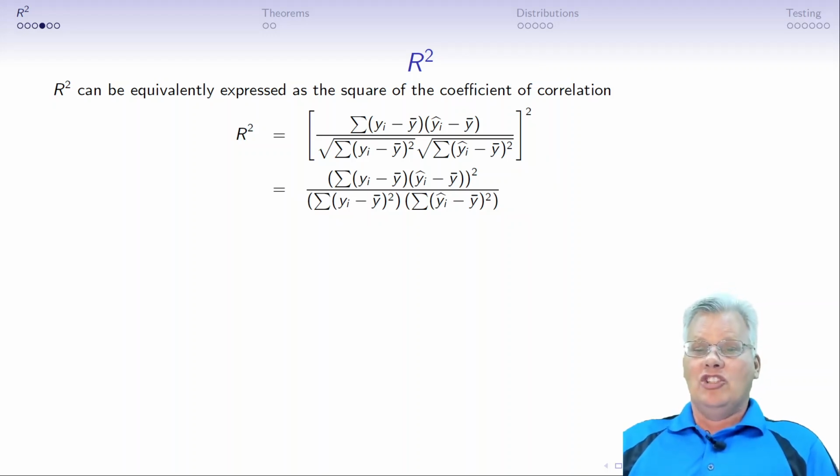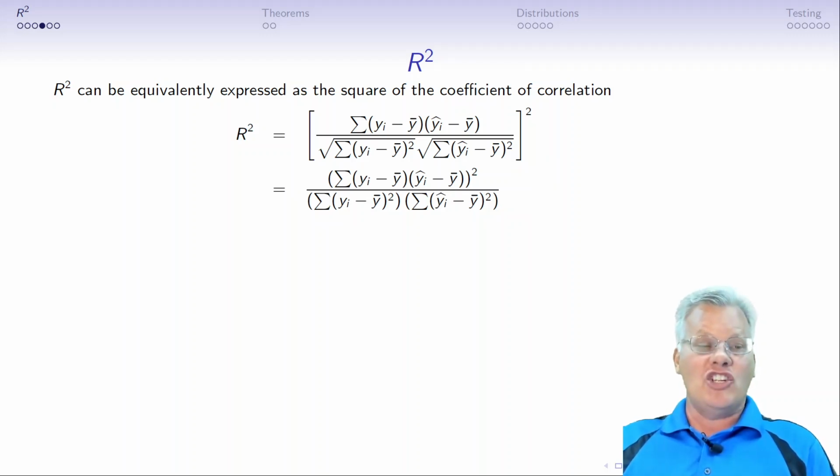Okay, so if I apply the square, the bracketed squared term applies individually to the numerator and the denominator, and in the denominator, the standard deviations squared become variances.